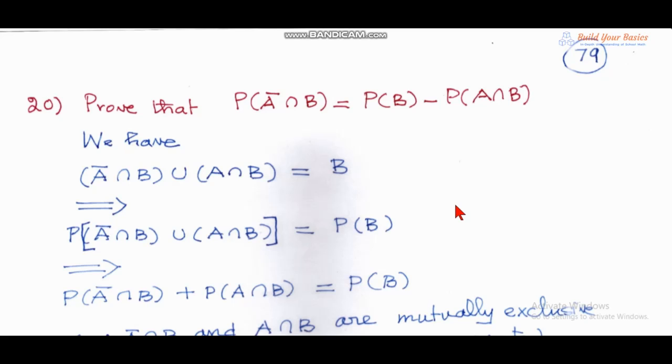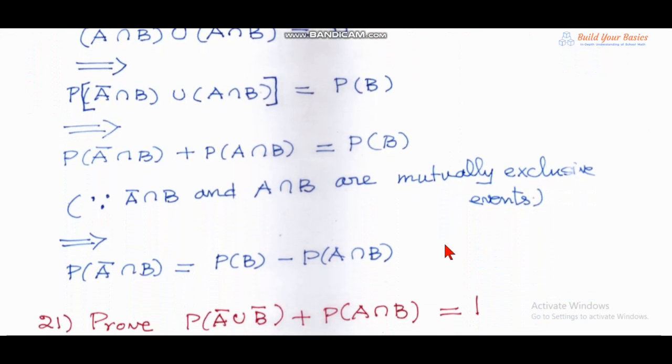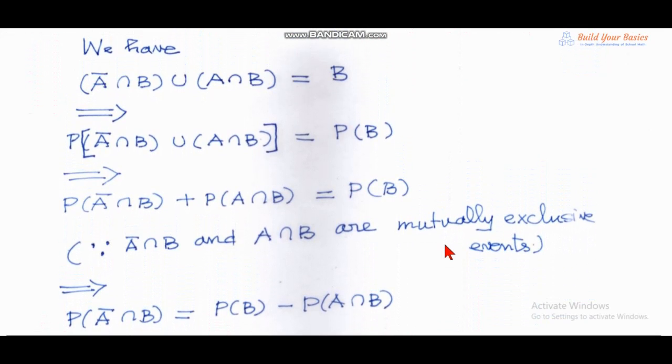Therefore, the left hand side becomes probability of A bar intersection B plus probability of A intersection B equal to probability of B. That is, probability of A bar intersection B is equal to probability of B minus probability of A intersection B. That's all.